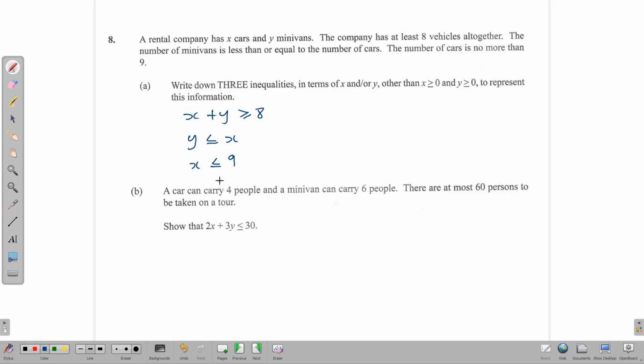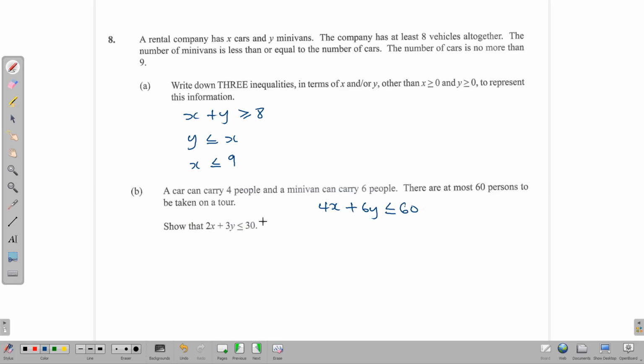And the next part, a car can carry 4 people and a minivan carries 6 people. And there are at most 60 persons to be taken on the tour. So we're planning for 60 people, which means that we need to write this up as 4x plus 6y is less than or equal to 60. And in writing that up, we can simplify it and get 2x plus 3y is less than or equal to 30 here.